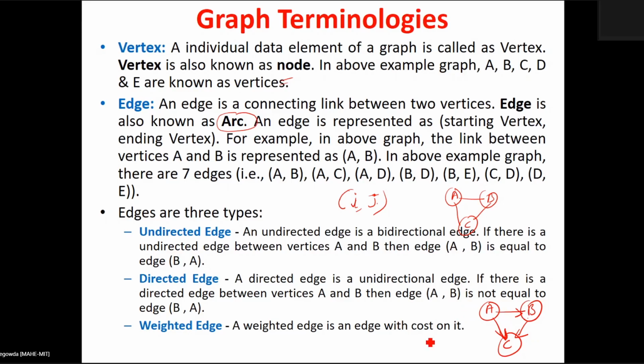If I write (A, B), this is a directed edge which originates at A and goes to node B. Similarly, all possible directed edges in this example are A to B, A to C, and B to C. There are no edges from C to A, C to B, or B to A, and so on.